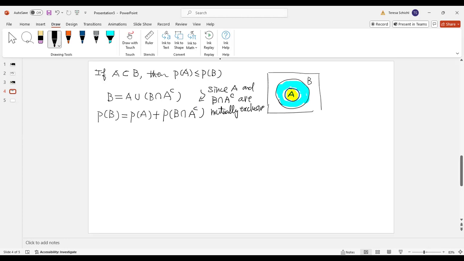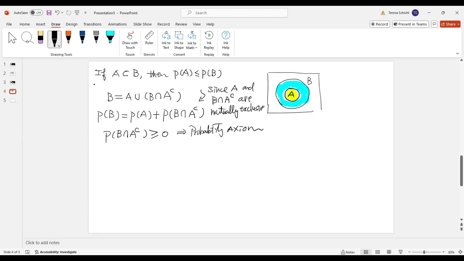This yellow region and this light blue region are mutually exclusive, so by the addition law, P(B) equals P(A) plus P(B intersect A complement). And this number, because it is a probability, is always greater than or equal to 0. This is true because of the probability axioms.